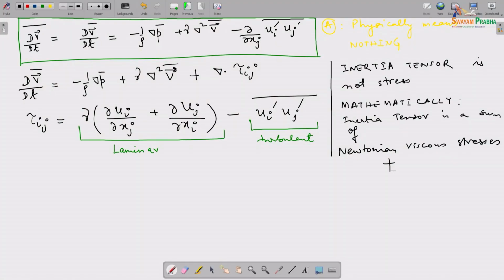Is that right? So, mathematically however, the inertia tensor, the way I look at this here, is a sum of Newtonian viscous stresses plus turbulent stress.